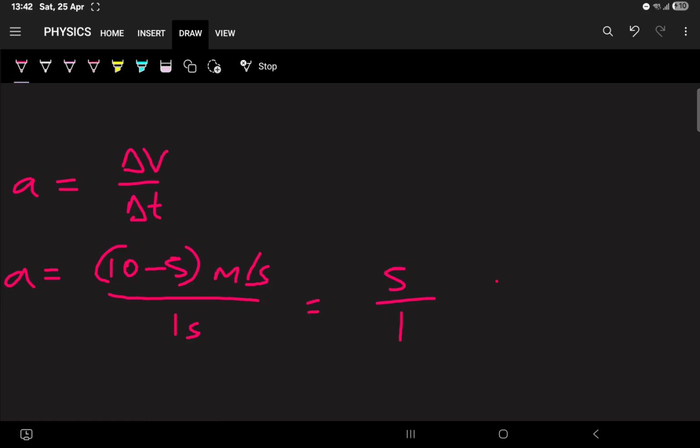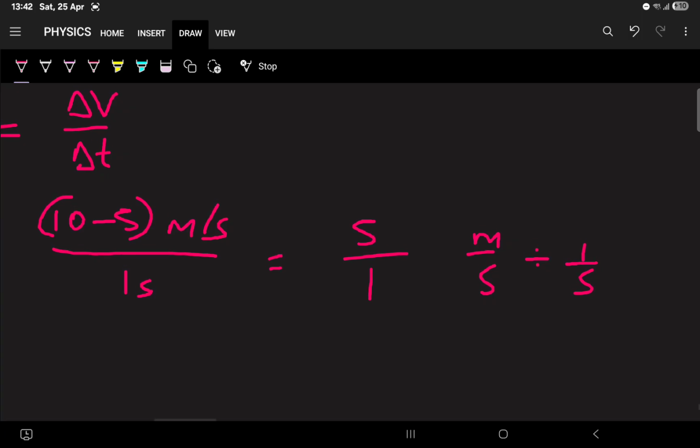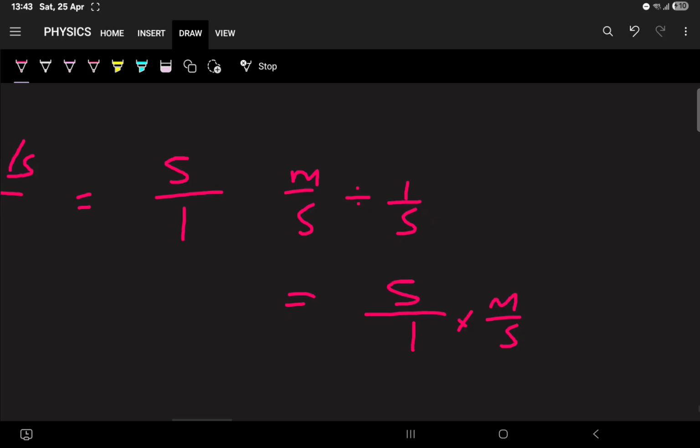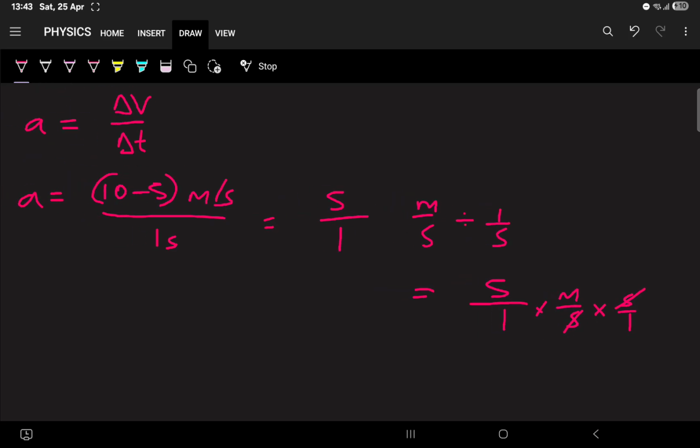Now let's take care of the unit. This is 5 meters per second, then divided by 1 over s. Simplifying, this is going to be 5 over 1 times meter per second multiplied by s.